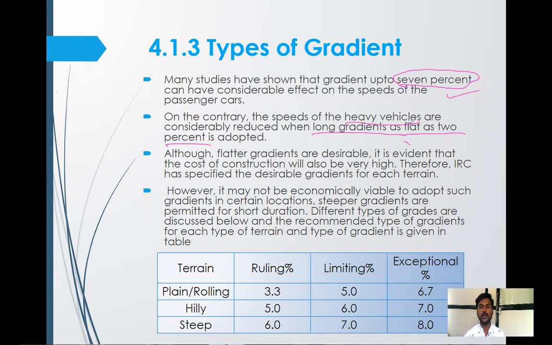They have done several studies and several experiments. Depending on that, they have designed one table. By that table, they have told what type of terrain can go for which type of gradient. So this is a very important table. Many times this table is asked in MCQs.